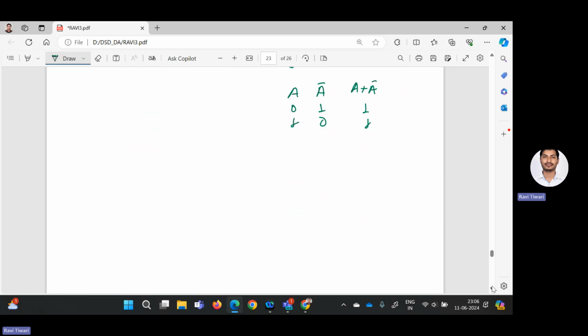Inside the Boolean algebra, the fourth part is the distributive law. That is very important.